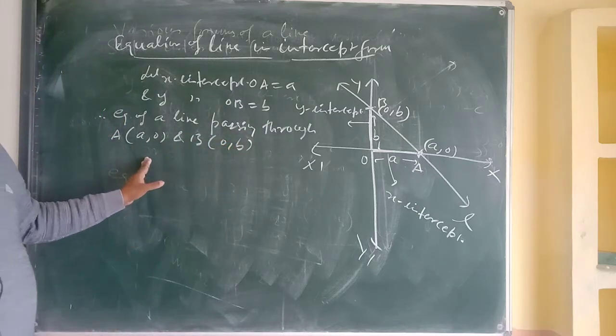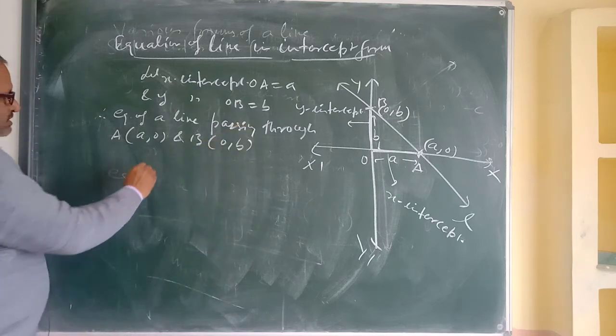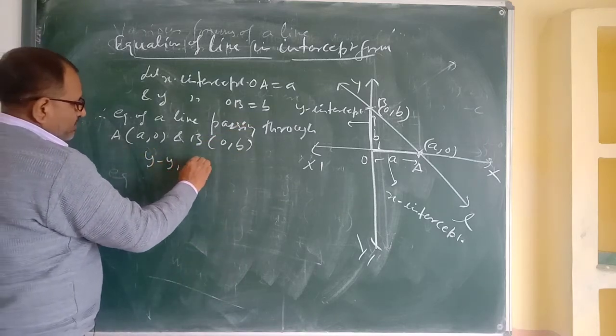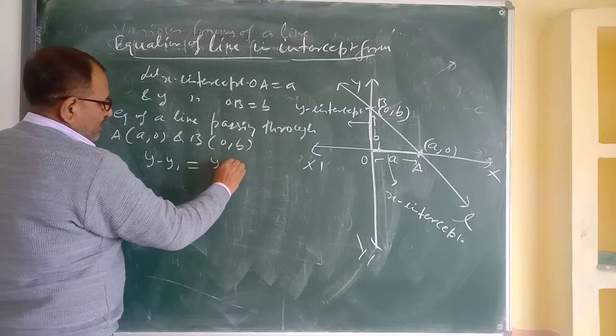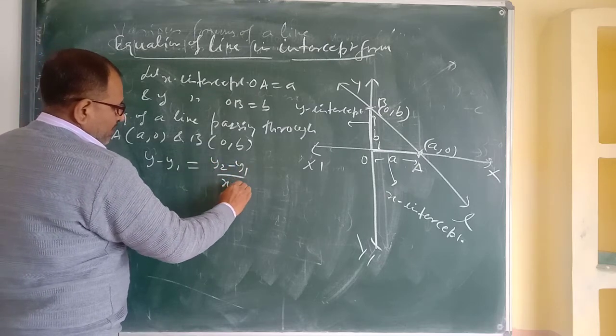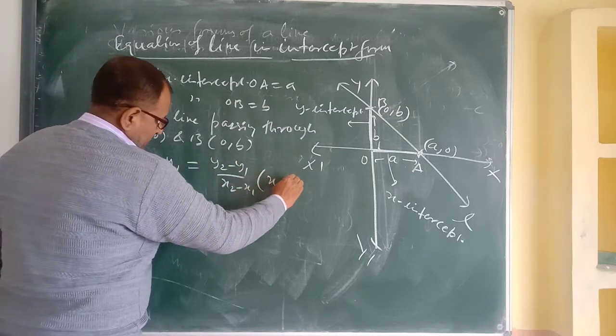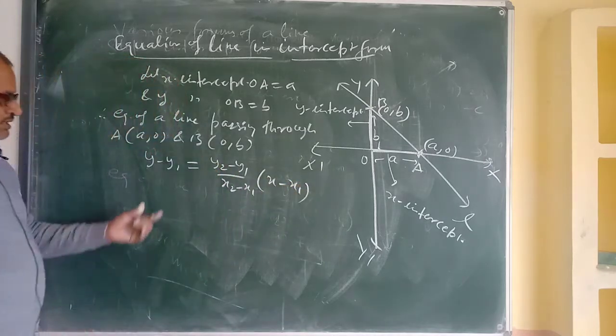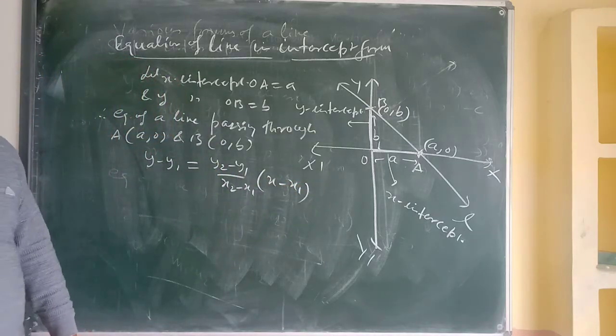We know that the equation of a line passing through 2 points is y minus y1 is equal to (y2 minus y1) upon (x2 minus x1) times (x minus x1).